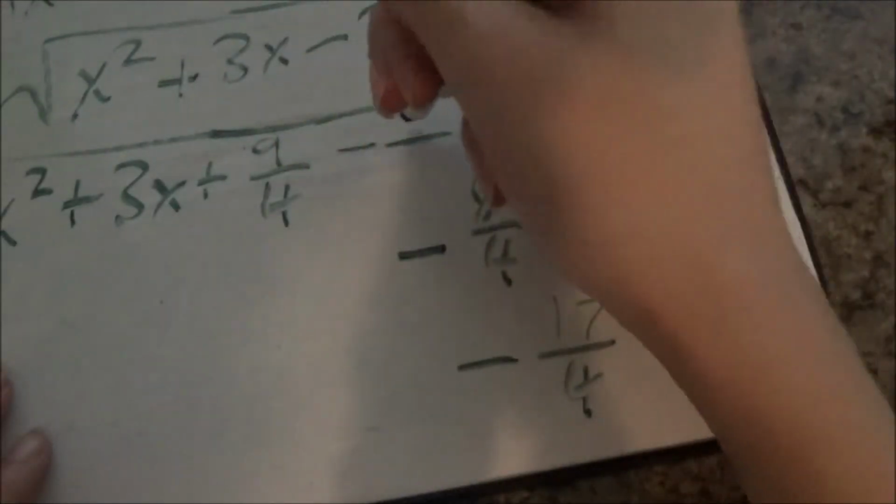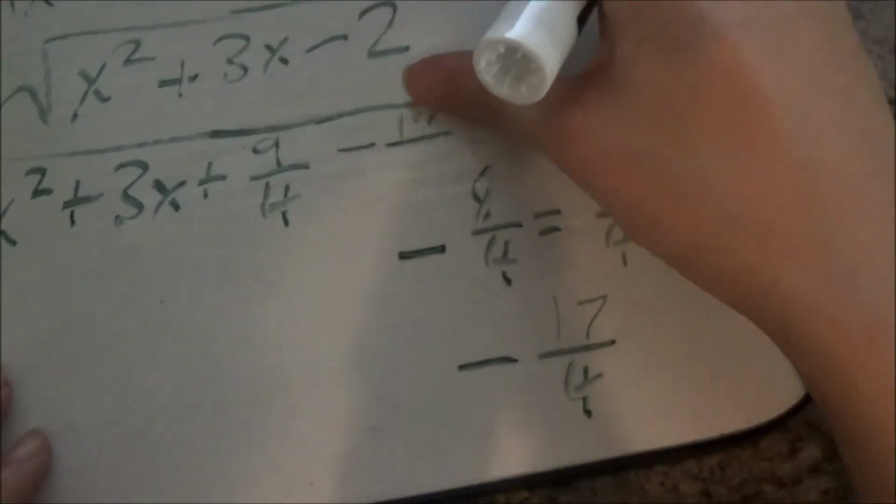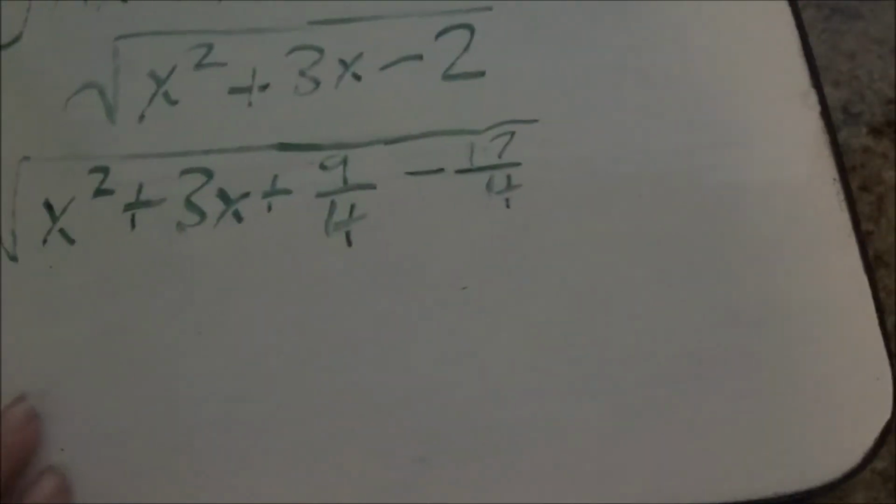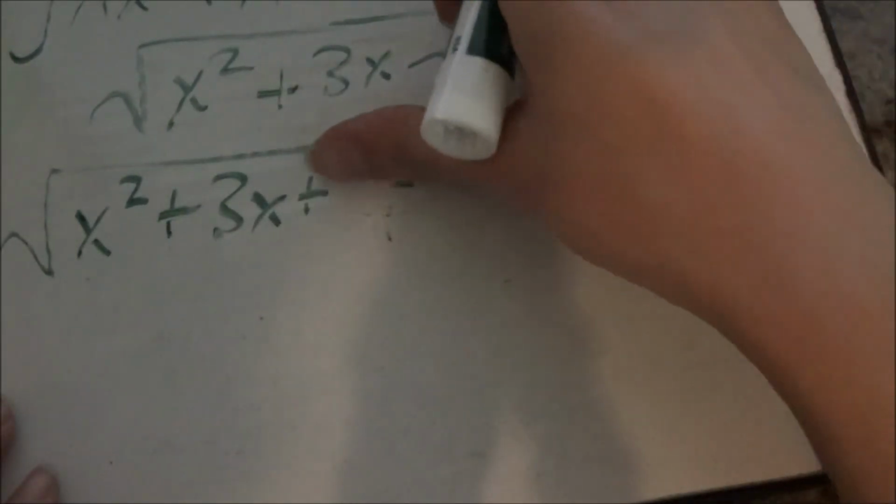Okay, well. Oh my god. 17. God, that's so horrible. It's horrid. That literally is horrid. Look at this. Well, I mean, I guess that's a constant, but like, that's just nasty. And then this is just x plus 3 halves squared minus that.